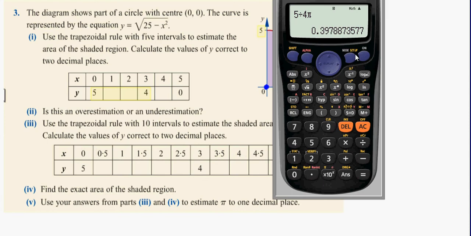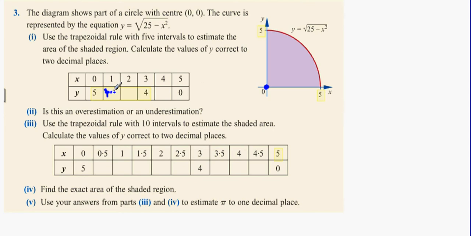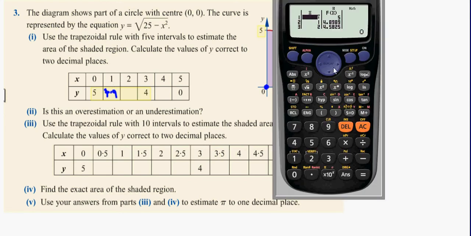So what we can do here is use the table mode on the calculator, with f(x), which is y, equals the square root of 25 minus x squared. We can do it from 0 to 5, with a step of 1. So we have 5, 4.9, and then for 2 we have 4.6.